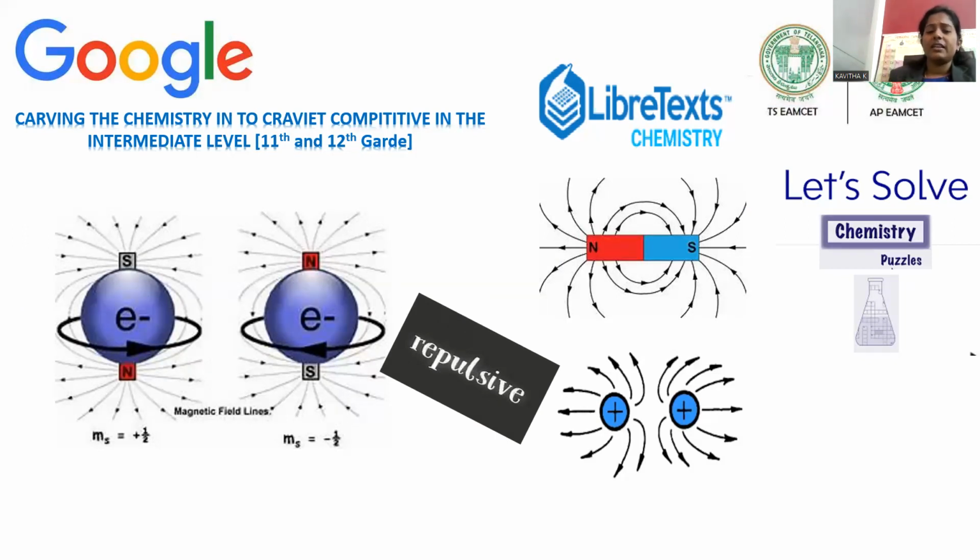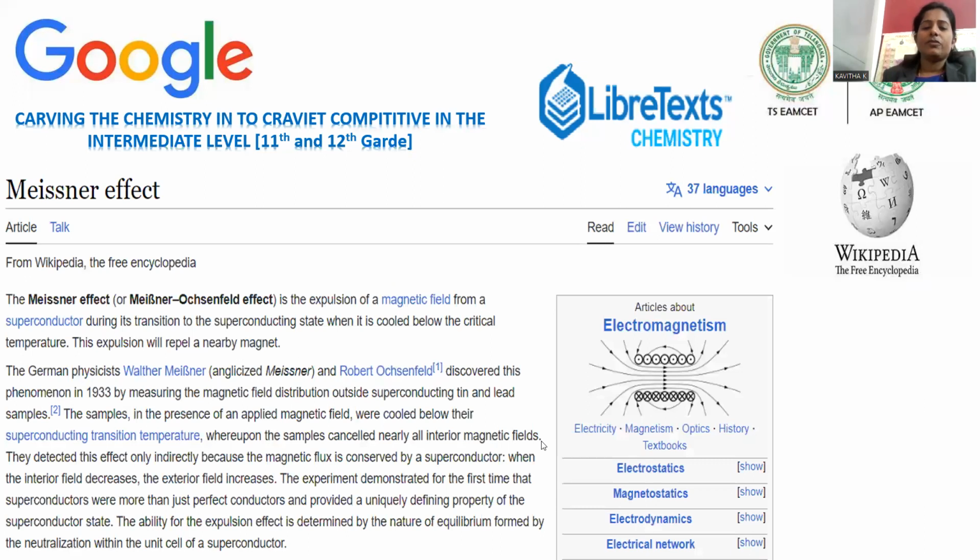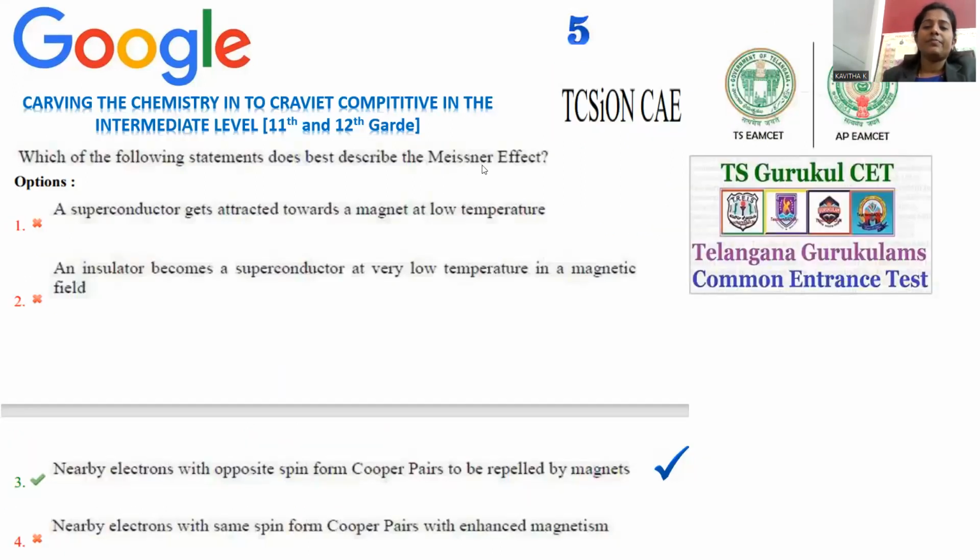That is related to the electron only, generated due to the spinning of the electron. The electron always has a tendency to spin, and you can explain that spin in both ways, positive spin and negative spin. When two electrons of opposite spin are in contact with the magnet, there is a possibility of such repulsive forces. You can clearly notice the repulsions. These repulsive forces are clearly explained by the effect called the Meissner effect.